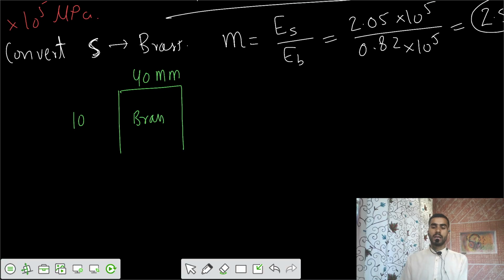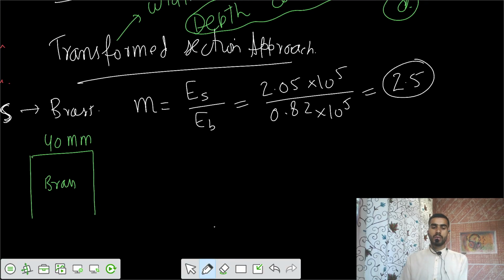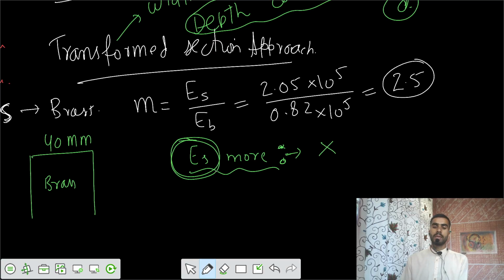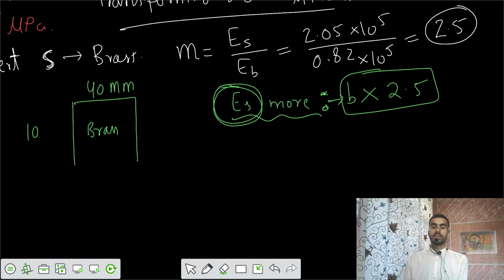Because steel can take more stress, as it has a higher value of E, if you want to replace steel by brass you have to multiply the width by the factor 2.5, because steel is resisting more stresses.